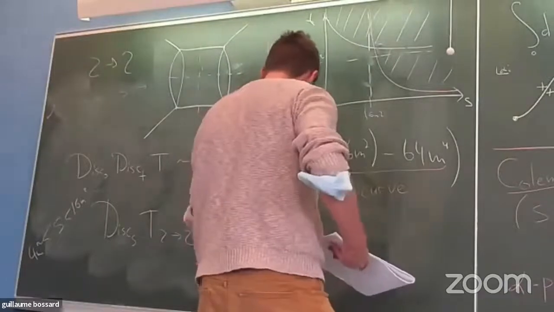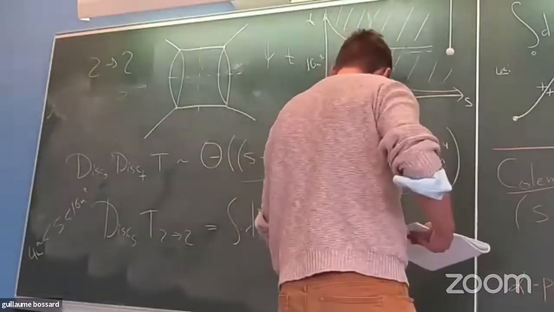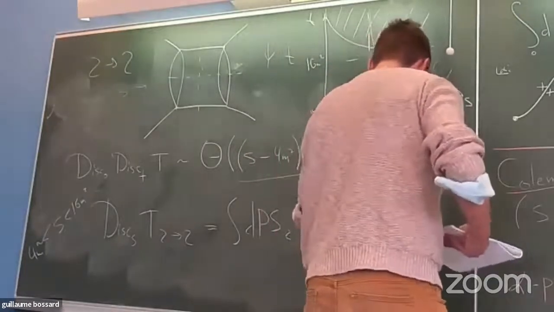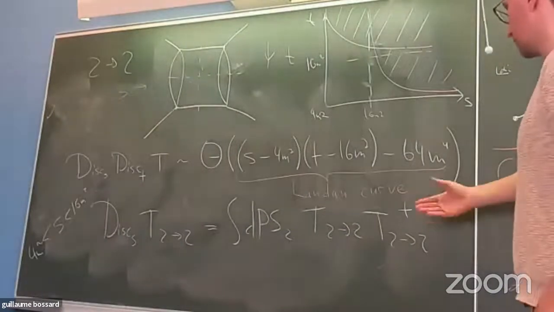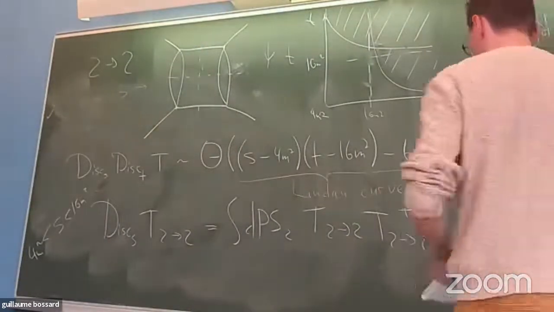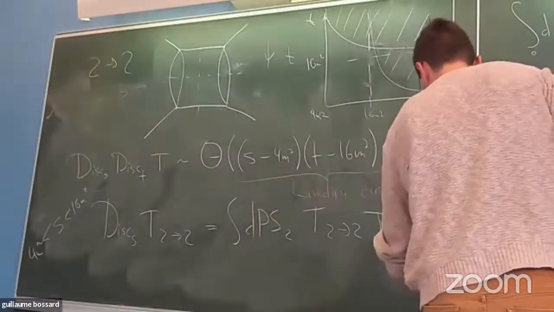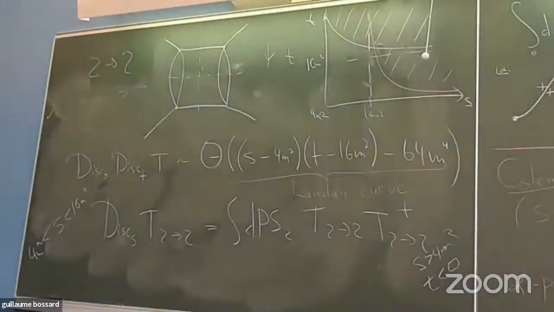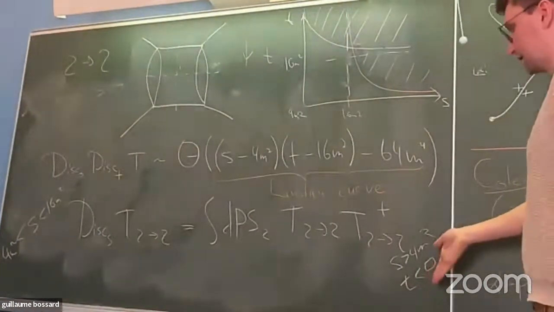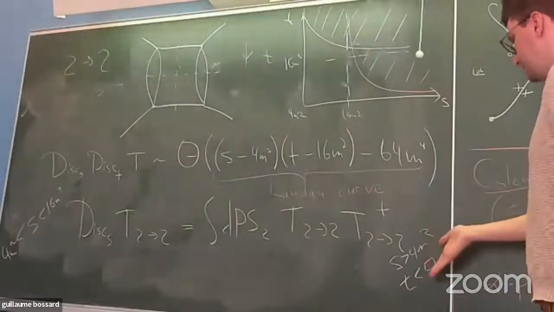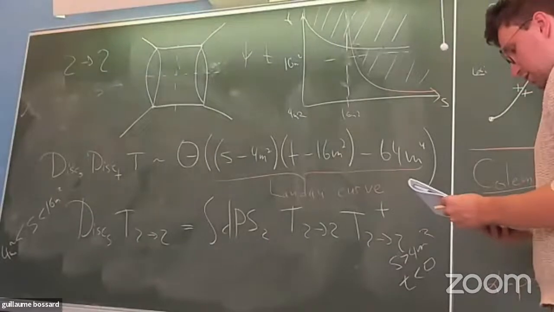And this is a relativistic phase-space integral. This equation is an exact equation. However, we usually write it in the physical region. So we write it for S larger than 4 squared and T negative. However, it is known that the amplitudes are analytic in both variables. So you can analytically continue both sides of this equation in T, and all the objects involved admit this analytic continuation.